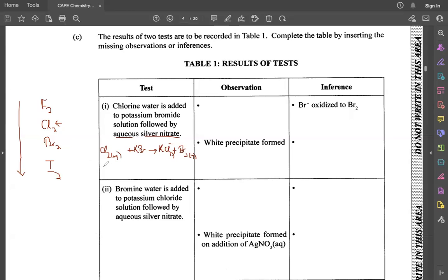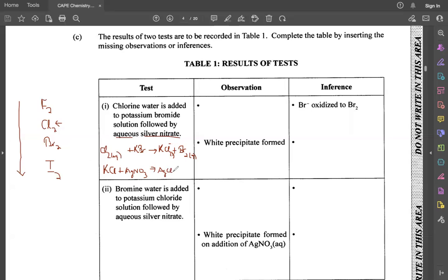And so for the second step in that test, it's KCl reacting with the AgNO3. And in this particular reaction, we're going to get our white precipitate of silver chloride.